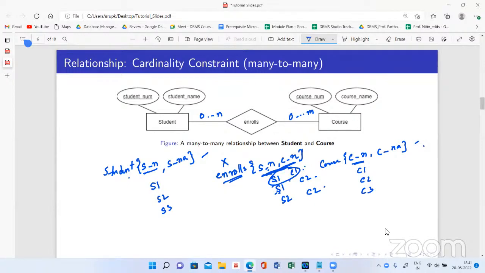No, right? I will lose my primary key because both have to be repeated, right? The student number and the course number. So I have to go for 3 tables only. So remember, whenever we have this kind of situation, I need minimum 3 tables, right?